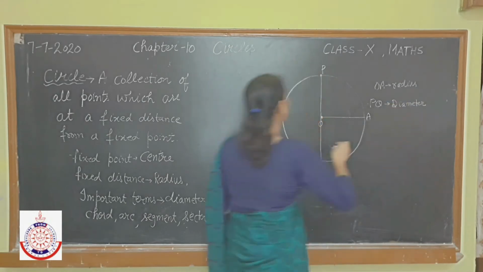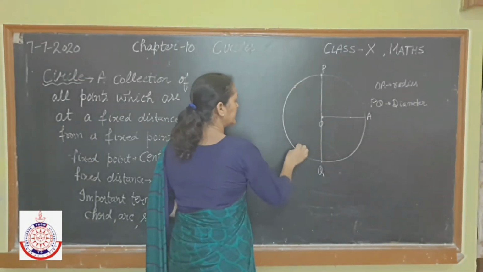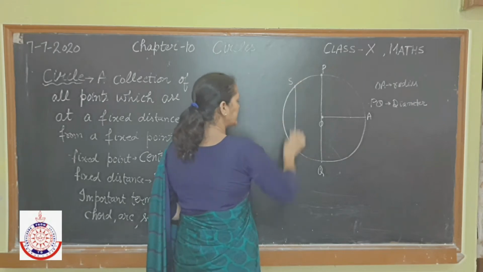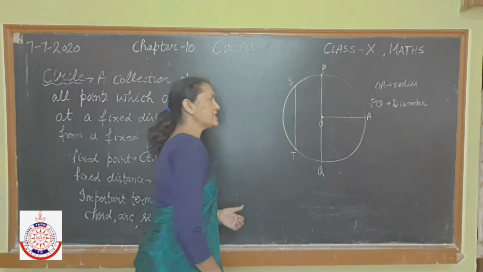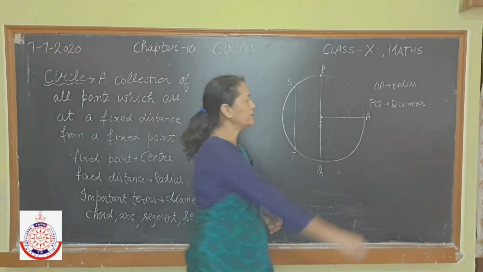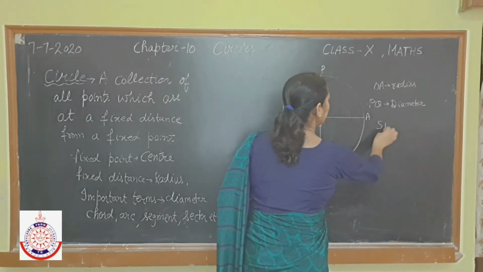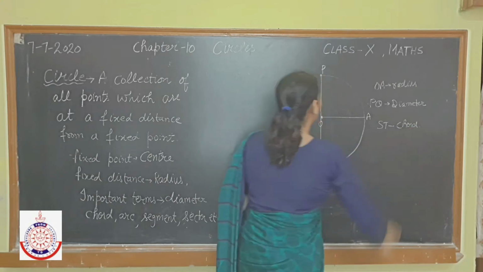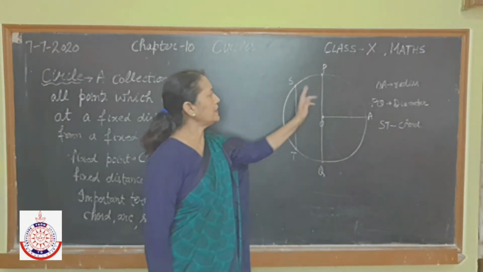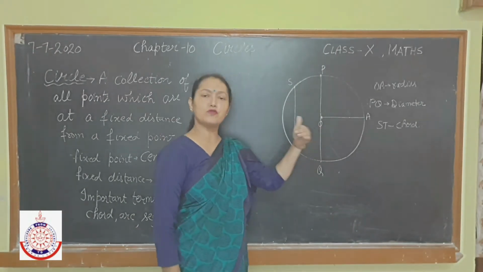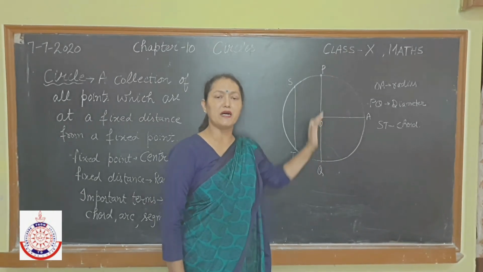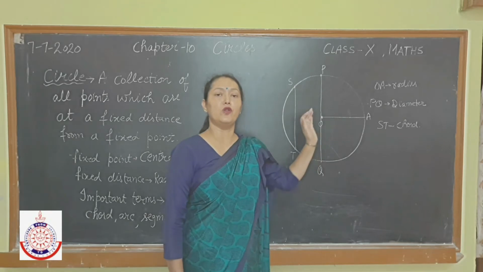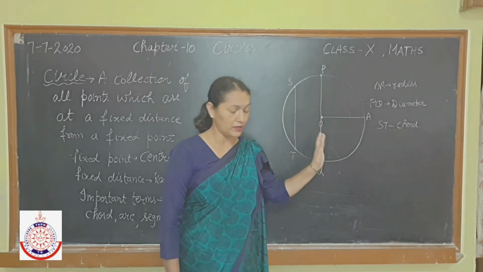But in case we take 2 points and the line joining these points is not passing through the center, in that case it will be a chord only. So ST is a chord. Or we can say that PQ is also a chord. So the chord that is passing through the center is called diameter. Diameter is the longest chord of the circle.